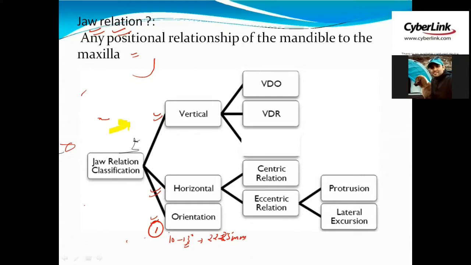Before that, it is pure rotational movement. So in orientation jaw relation, the mandible is kept at its most posterior position. It can rotate in the sagittal plane around an imaginary transverse axis passing through or near the condyles. I think it is a little bit difficult, but when we compare all these three, we will get something.